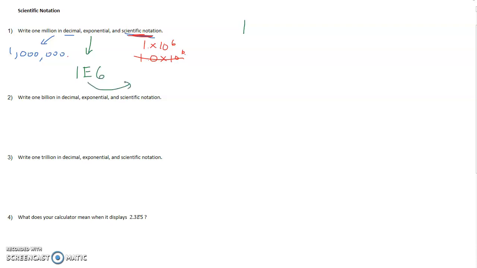This e is the same thing as times 10 to the, and then whatever power. So this just flips back and forth between these two different formats. If you see 1 e to the 6th, that's the same thing as 1 times 10 to the 6th. So this is really just corresponding to times 10 to the 6th power.